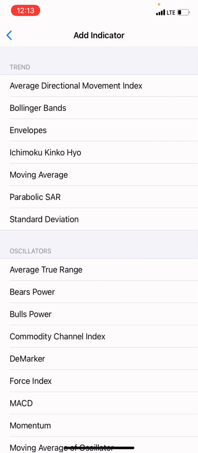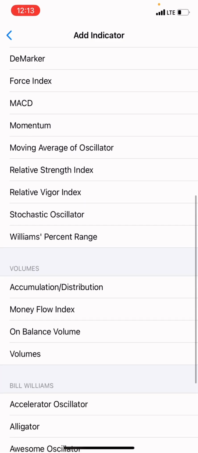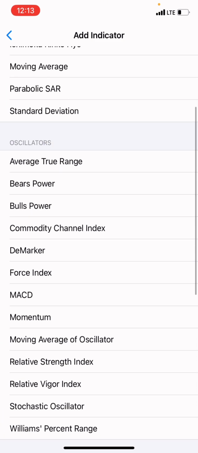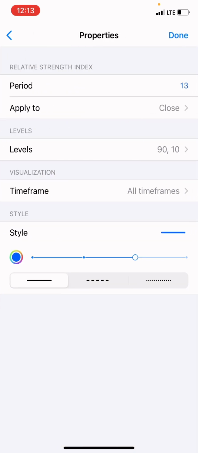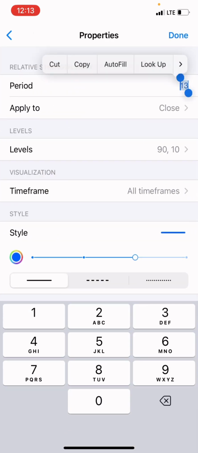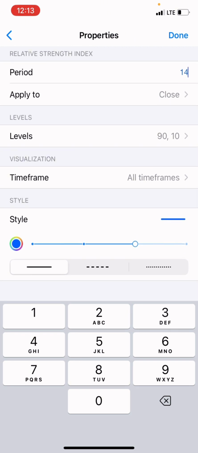So we're going to put on the relative strength index first on our chart. We're going to put that on indicator window 1, which is the main window indicator. So we'll put on the relative strength index, put the period on 14, then apply to close. Then the levels are going to be 90 and 10, and you put the style on 3 pixels. Then the color is going to be red. Then you put the style right here on blue.